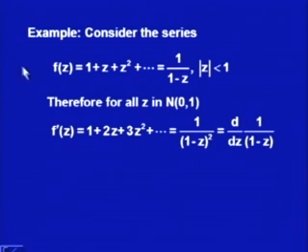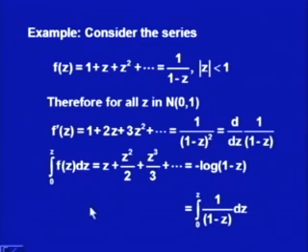So, the idea is this series is uniformly convergent, and if we differentiate it term by term, the sum of the series is the derivative of 1 upon 1 minus z. So, this establishes term by term differentiation of a uniformly convergent series.